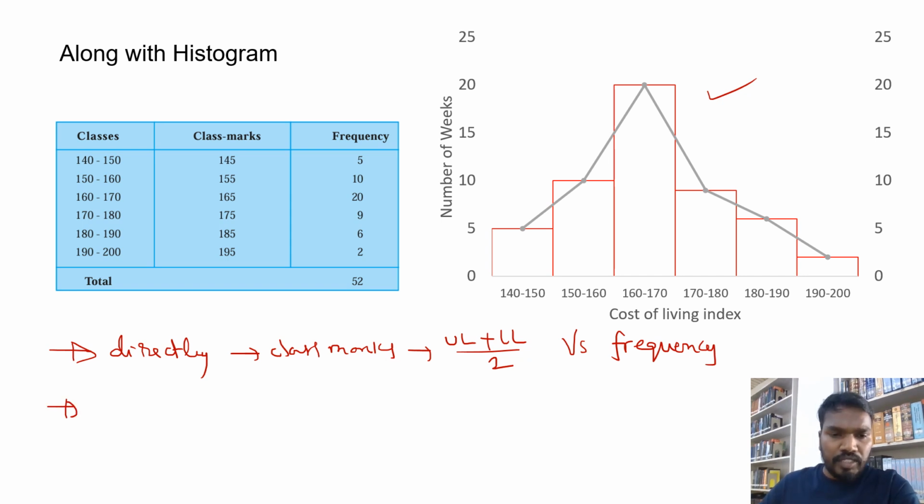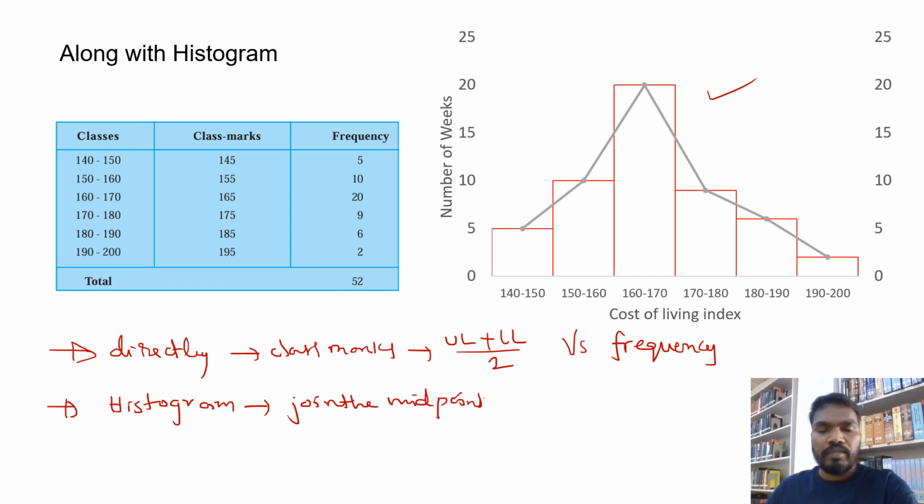And in this other way, first you construct the histogram, right? Then you join the midpoints, and that will give you the frequency polygon. So that is the way we construct a frequency polygon. With this we are done with the frequency polygon.